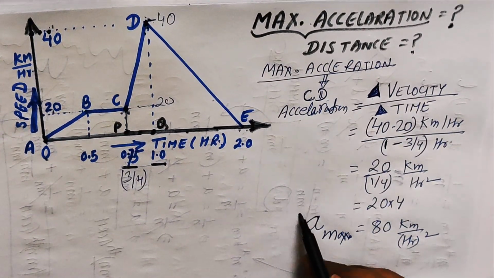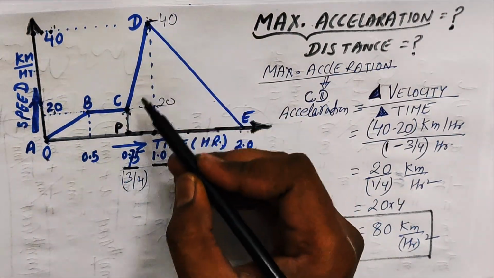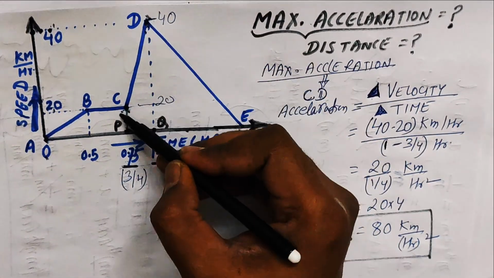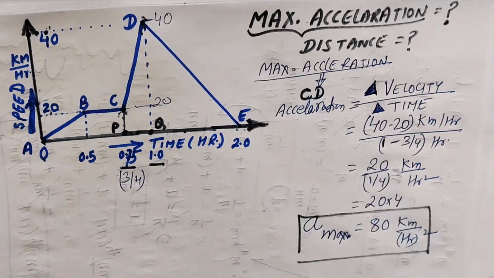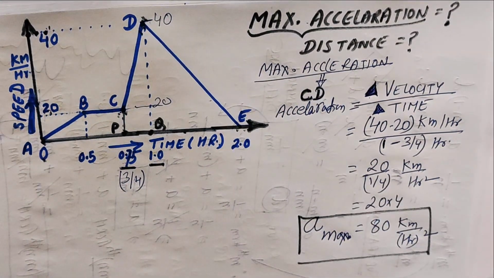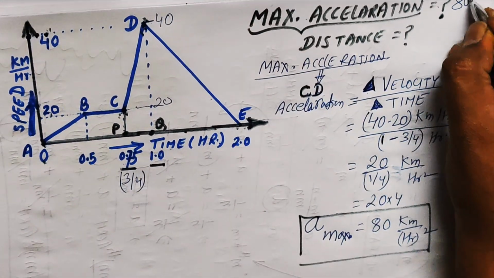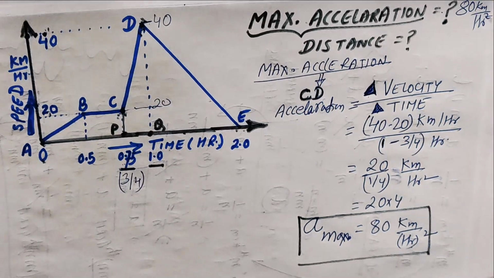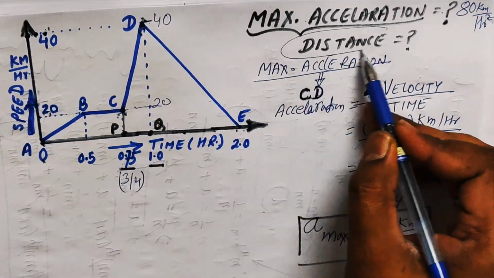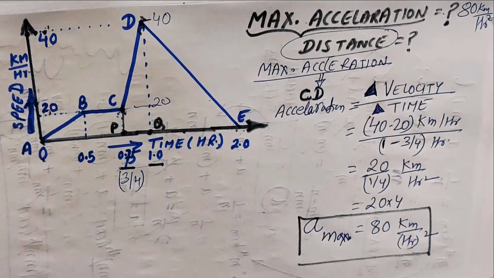This will be the maximum acceleration achieved by this train, and that is achieved during the portion of C to D, right? In this way we have calculated the maximum acceleration, that is 80 kilometer per hour square. What is the distance which is covered during this time, that means during C to D?